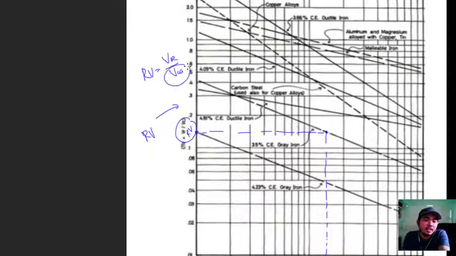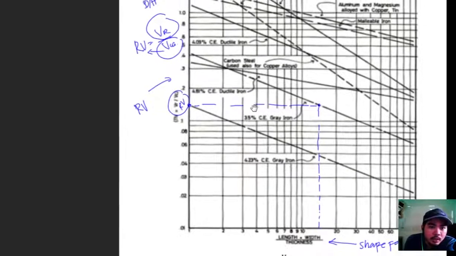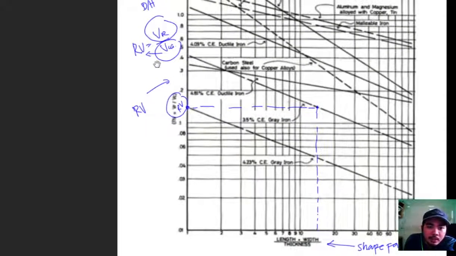So we just need V ng casting, no? Because if we multiply the casting volume times the relative volume, then we get the volume of the riser. And if we know the D over H ratio, then we can know the dimensions of the final riser that is needed. Tama? So what we need to do is find the shape factor first of the parent casting, then we can find the relative volume, then find the final volume of the casting.